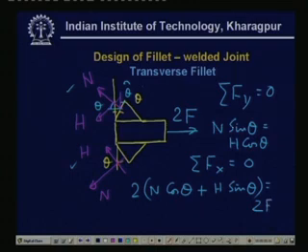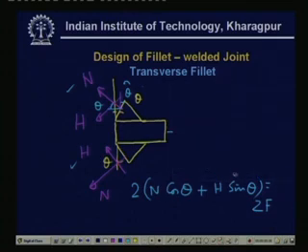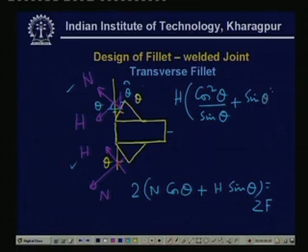Now, if you just manipulate a little bit, we need both N and H, so if you substitute the value of N, which is equal to H cosine theta by sin theta, therefore cosine square theta by sin theta plus sin theta will be equal to F, and that gives H is equal to F sin theta.